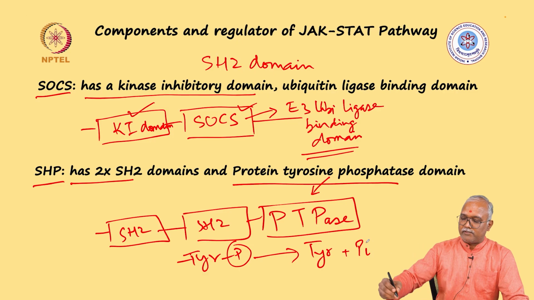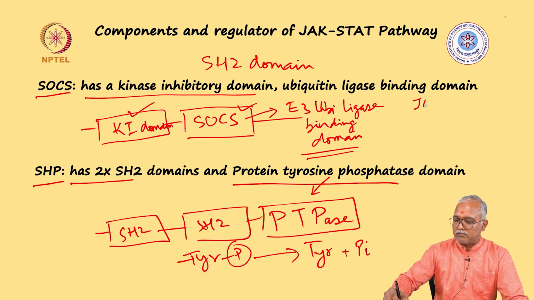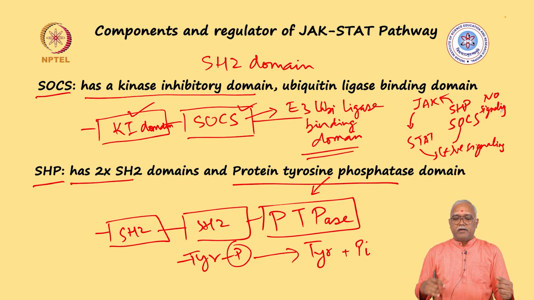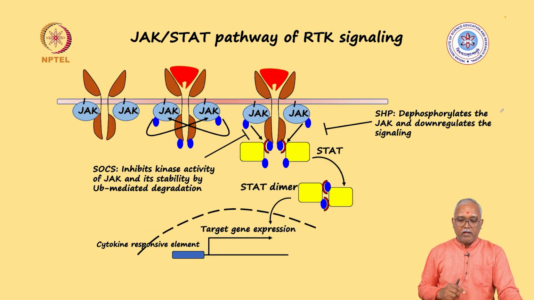So simply you can imagine that JAK-STAT is positive signaling. If you talk about SHP and SOCS, they basically take the signaling in the opposite direction, no signaling, or it is a kind of interregulation where the signaling is regulated.